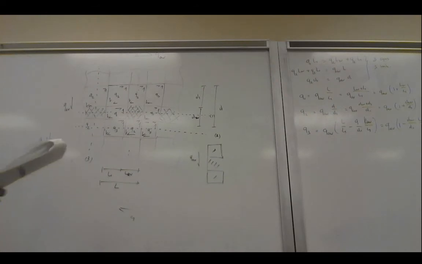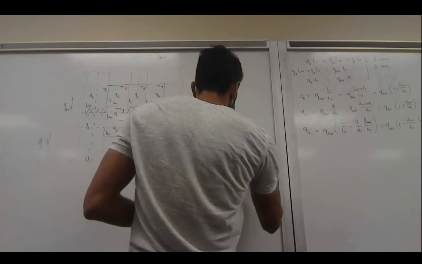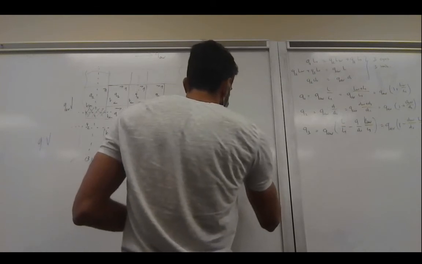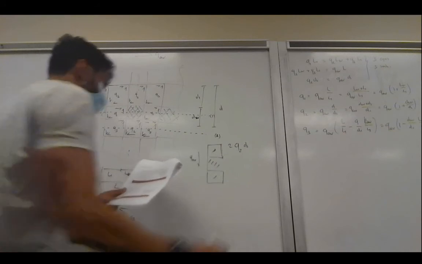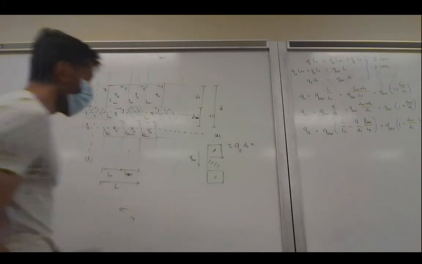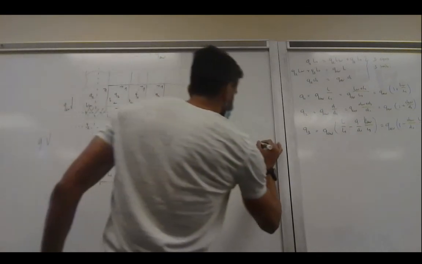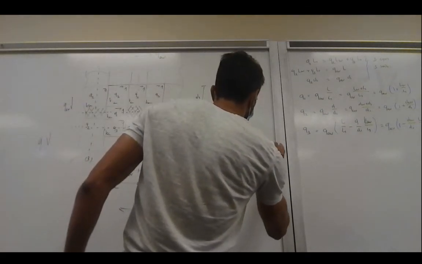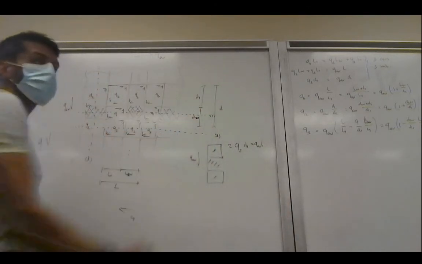So if we rewrite that equation, we get Q2 times D1 plus Q2 times D1, so 2 Q2 times D1 is equal to, in this case, D1 Q average multiplied by D1 plus dW.